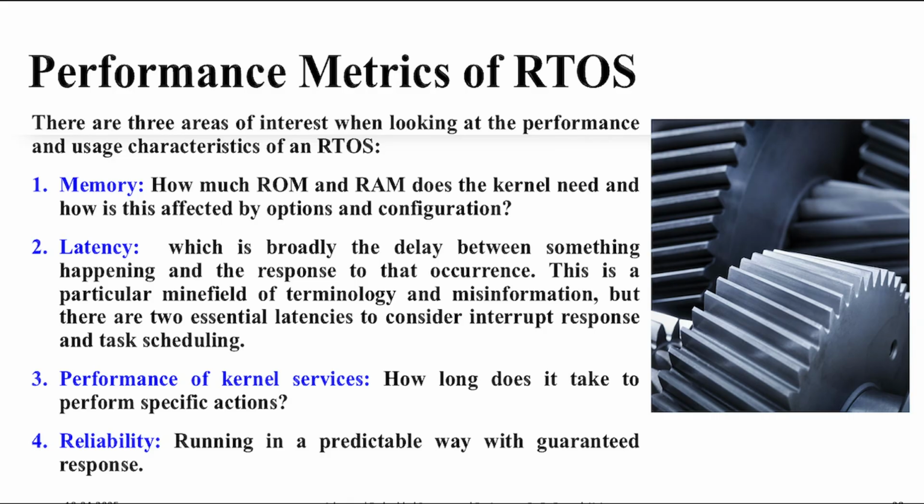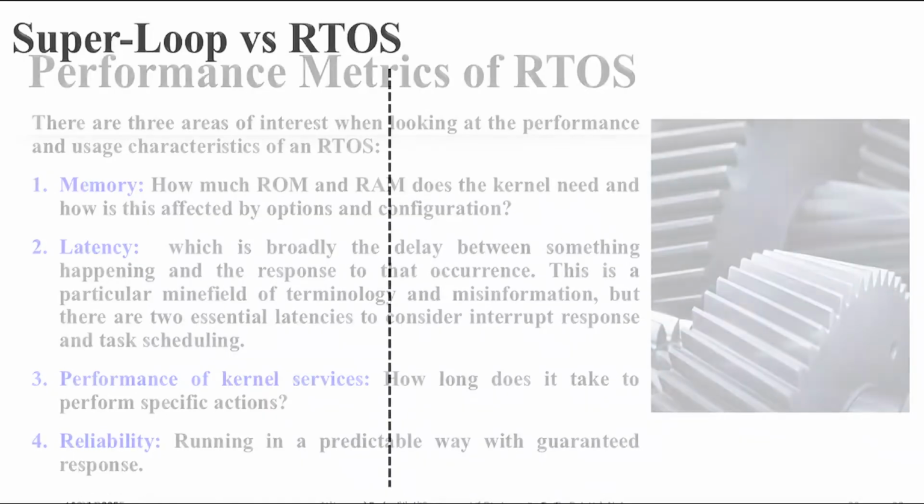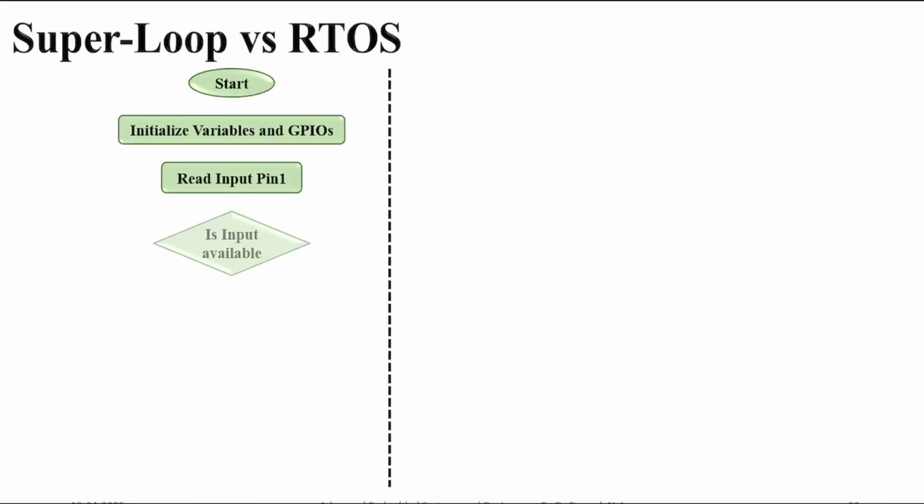Now, before entering into the world of RTOS, we must understand what we are using in our day-to-day programming. For our programming, we generally use the super loop concept, where we start the program, initialize some variables, and possibly read some inputs from the pins of the microprocessor or microcontroller.